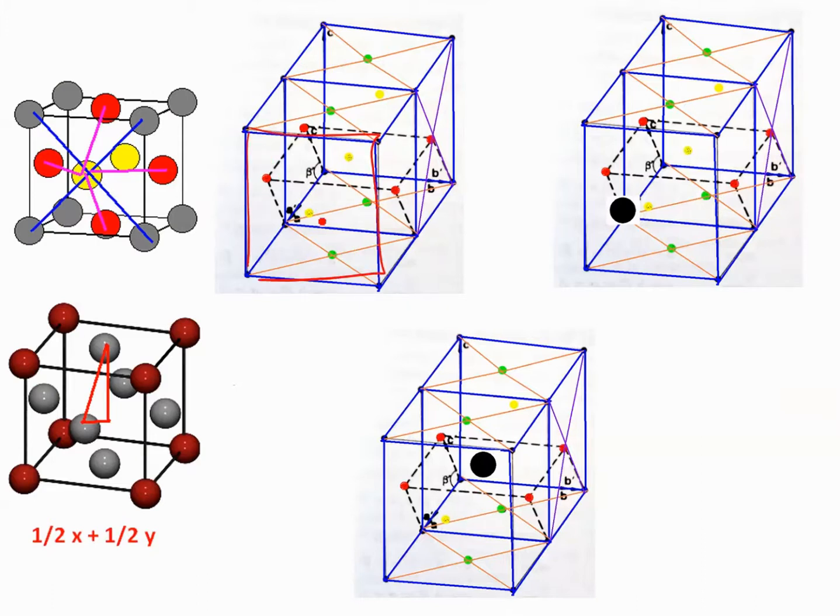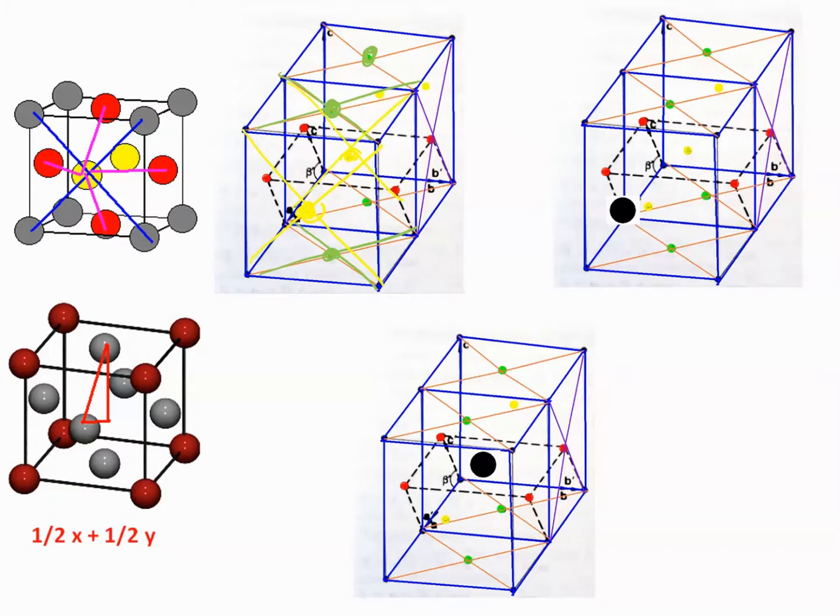The yellow atom is on this plane, at the face center. The green one is on this plane. The yellow one is on this plane. You see that?